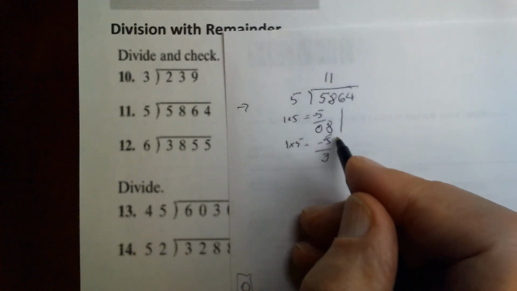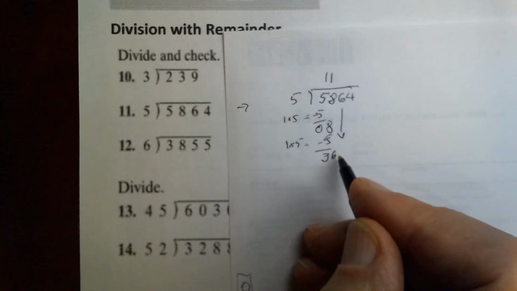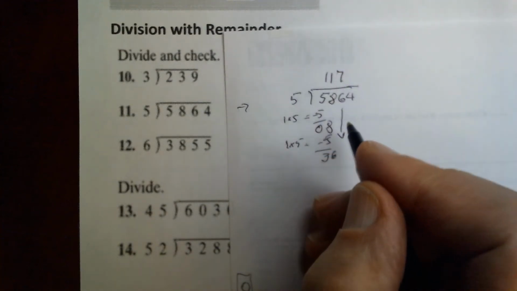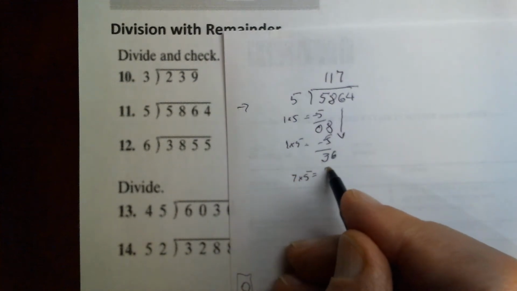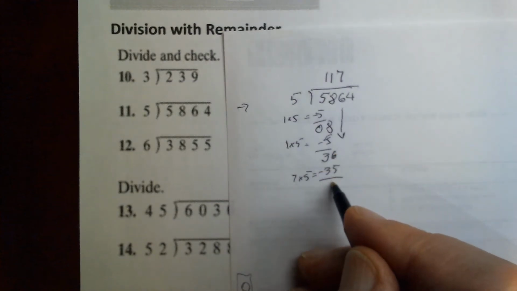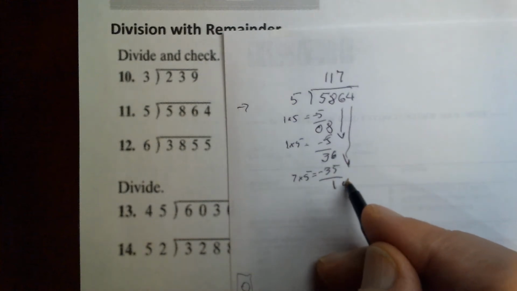And so the next digit comes down, so it's 36. And 5 goes into 36 7 times. And 7 times 5 is equal to 35 with a minus sign. So 6 minus 5 is 1. And bring down the next digit, it's a 4.